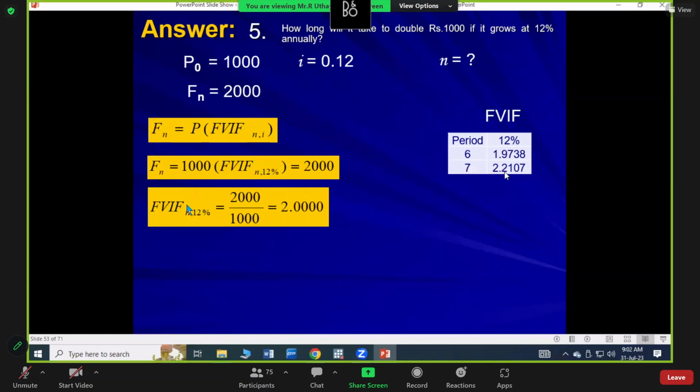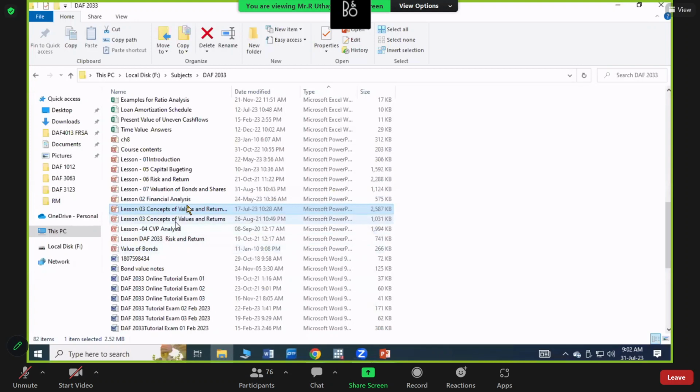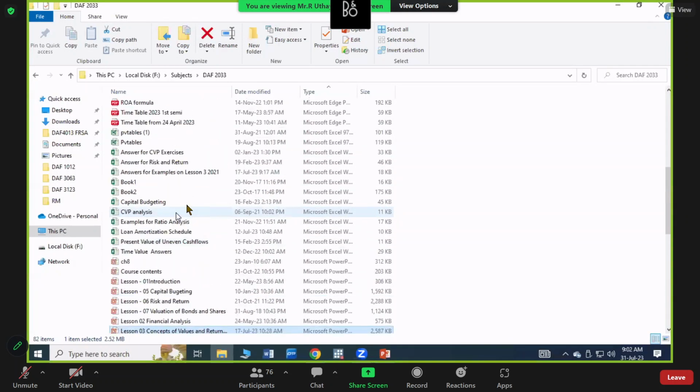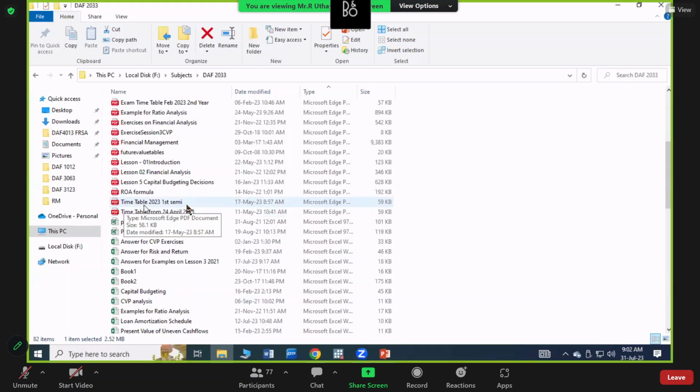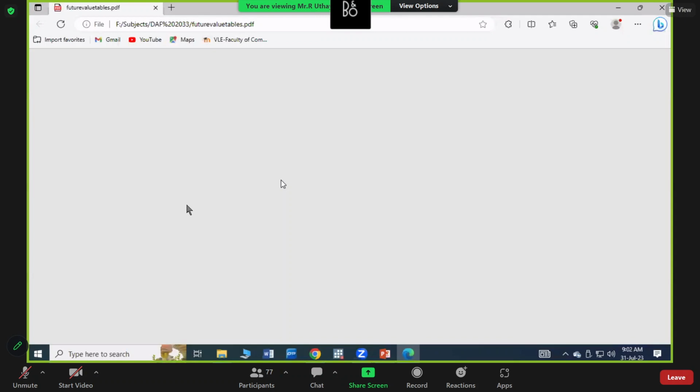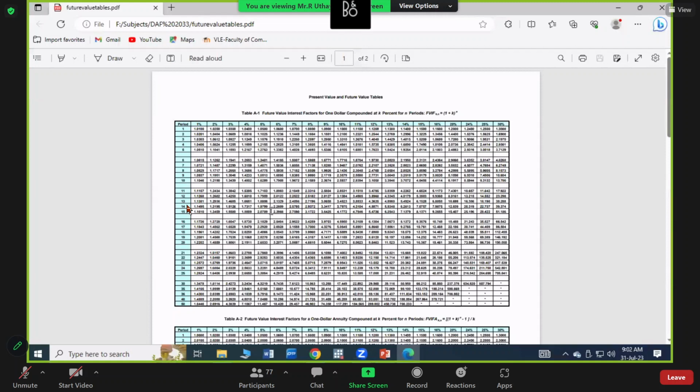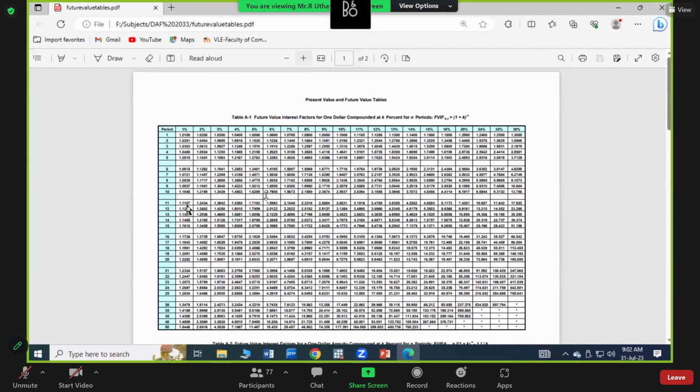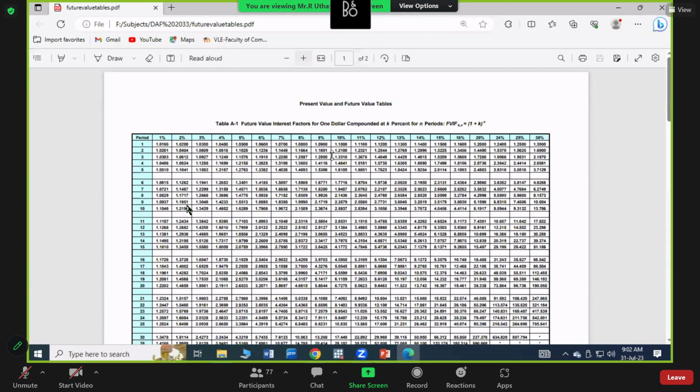1.9738 and 2.2107, which you can observe from the future value table, the A1 table. Search for this factor at 12%.